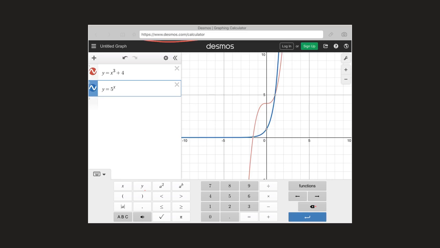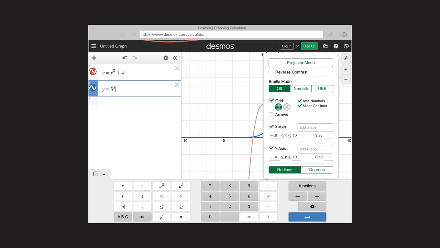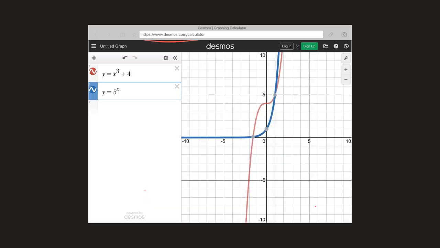There is an awful lot of detail on there that we really don't need for our purposes today. But one of the things that we may like is if you hit projector mode and then select somewhere else, you'll notice it makes all your lines thicker. That can be a little bit easier for us to go through.